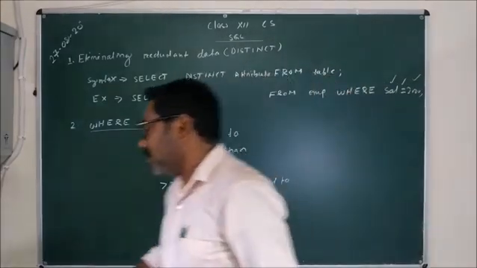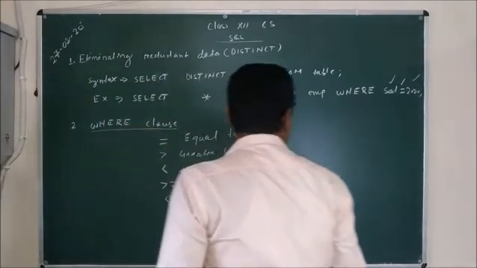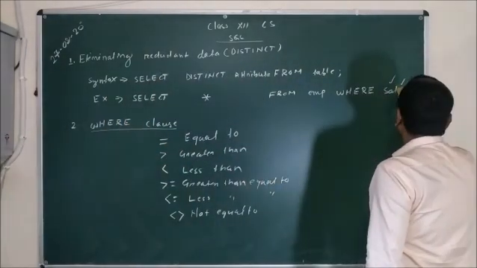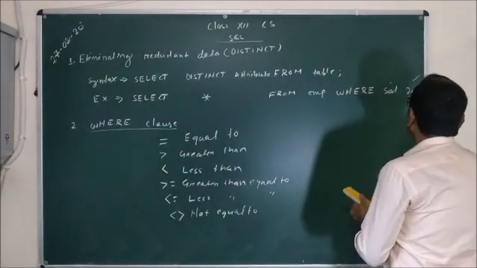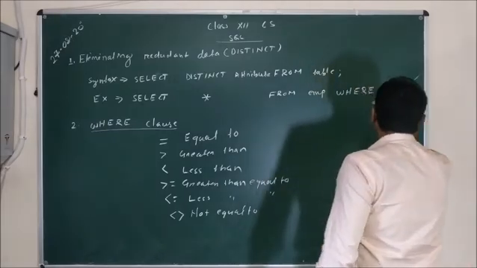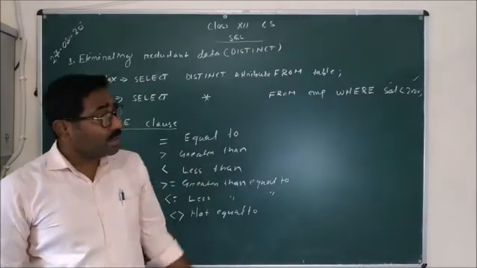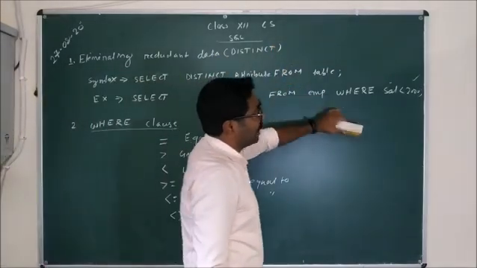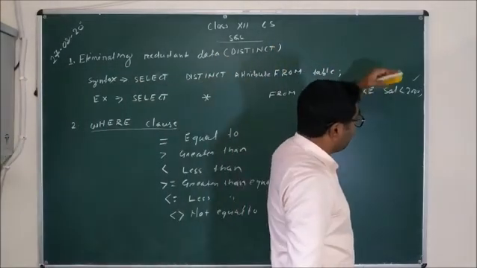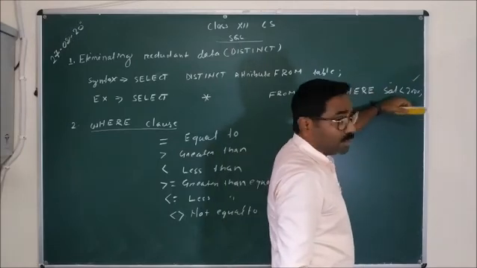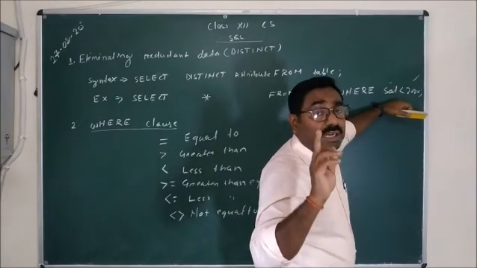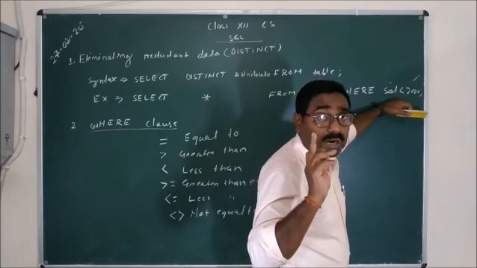The same thing, suppose we want to display the records whose salary is less than 2000. We have to write the condition as salary less than 2000, so that it will display all the records that have salary less than 2000. It will not include the value 2000.